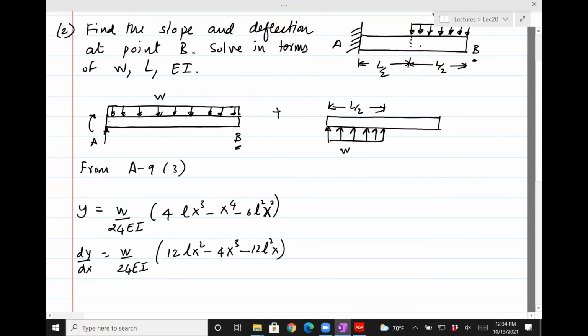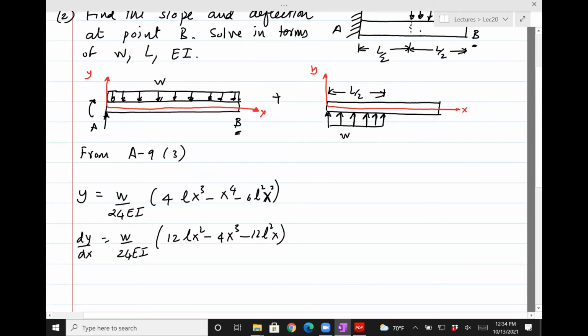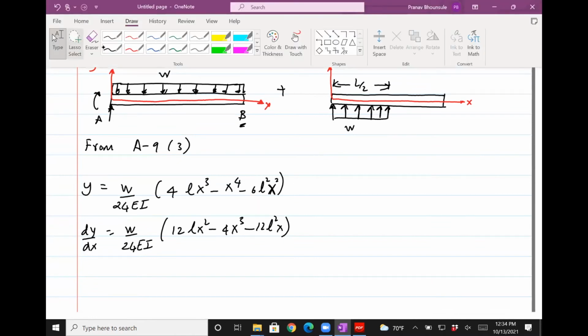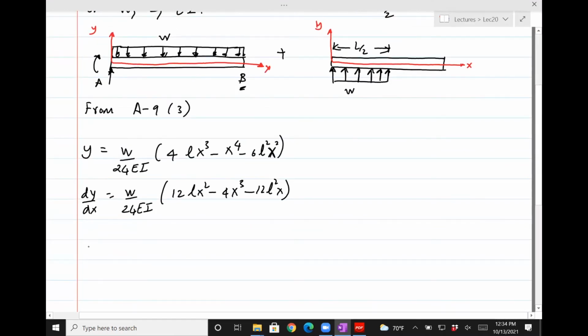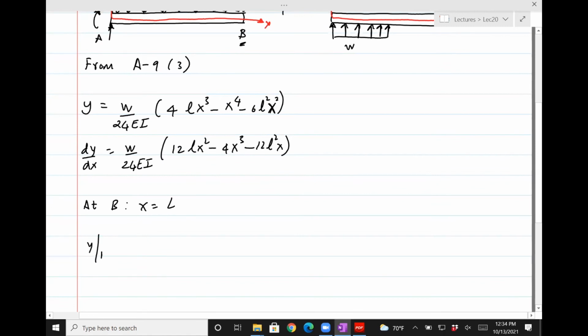And like the previous case, my origin is on the left side, so at A. So at B, x will be L. And so y at B, let me call that B1, just to indicate that this is the deflection due to case 1, comes out to be negative as expected, because positive is upwards.